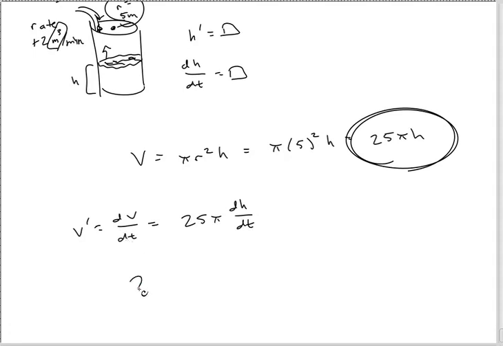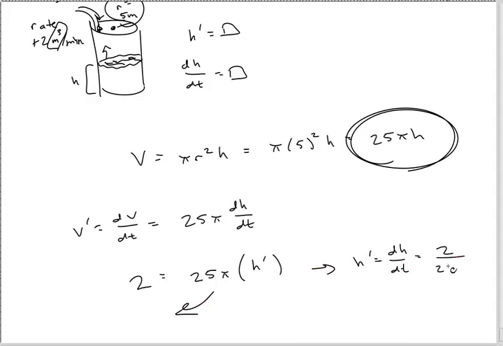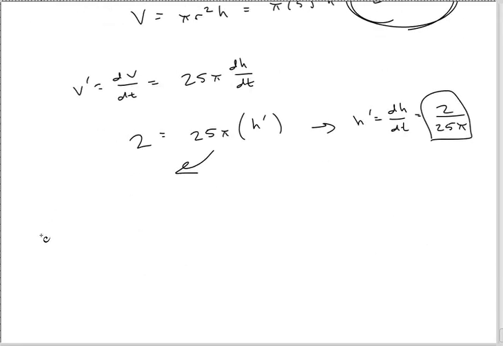And so then this would just be a 2. And this is 25 pi. And then dH/dt is what I'm looking for, but h prime if you want, it's whatever. So divide this to the other side, and that's your answer. dH/dt is 2 over 25 pi. Okay. Meters per minute.